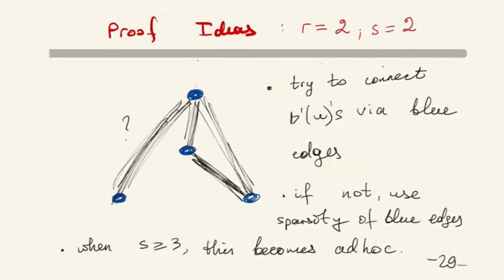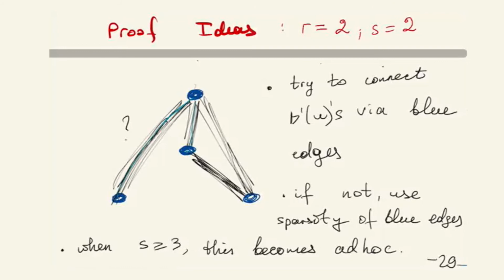Imagine, for example, that I wanted to find a blue path of length n in this graph. What I would typically try to do is connect some vertices going from here to here via blue color, and of course use these guys to extend your path, and then you are happy.